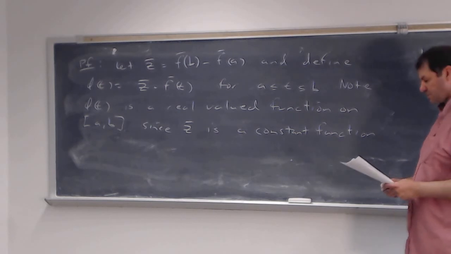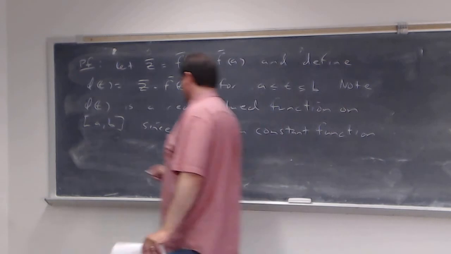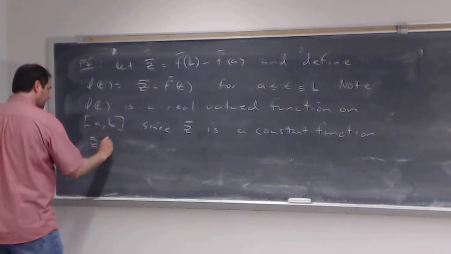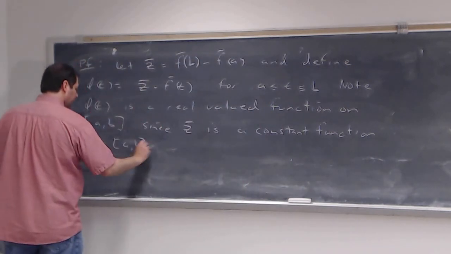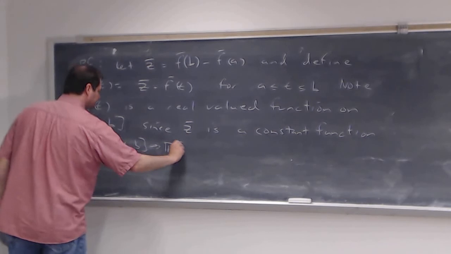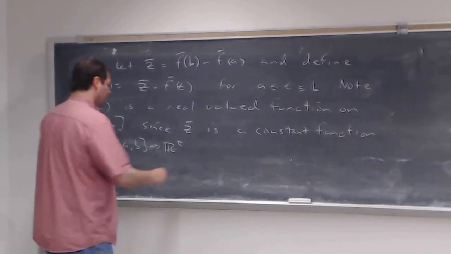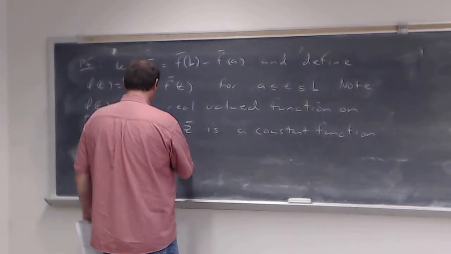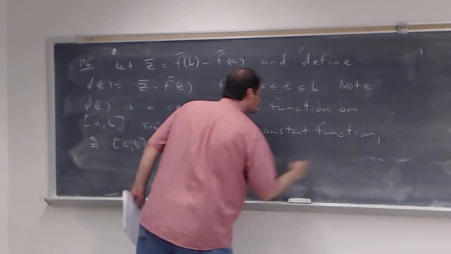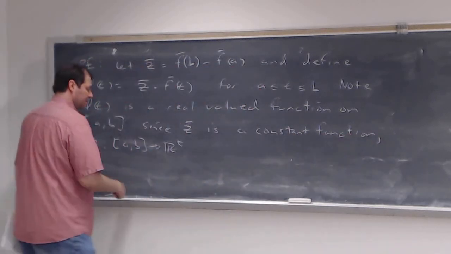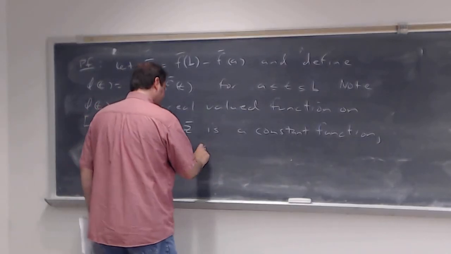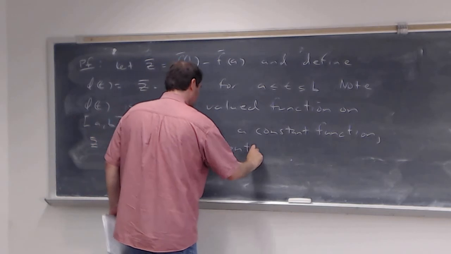So it's a constant function. Again, z bar is defined from [a, b] into R^k. So since this is a constant function, we think of defining it this way, then it is continuous.